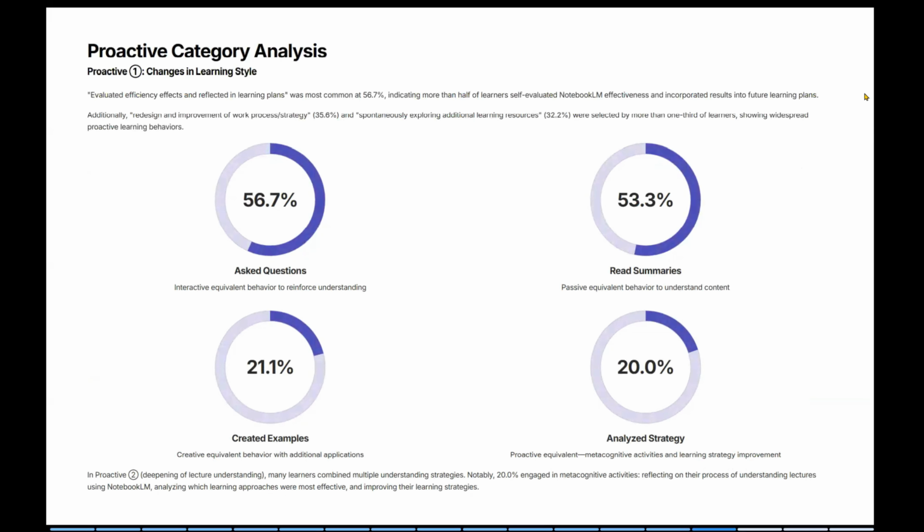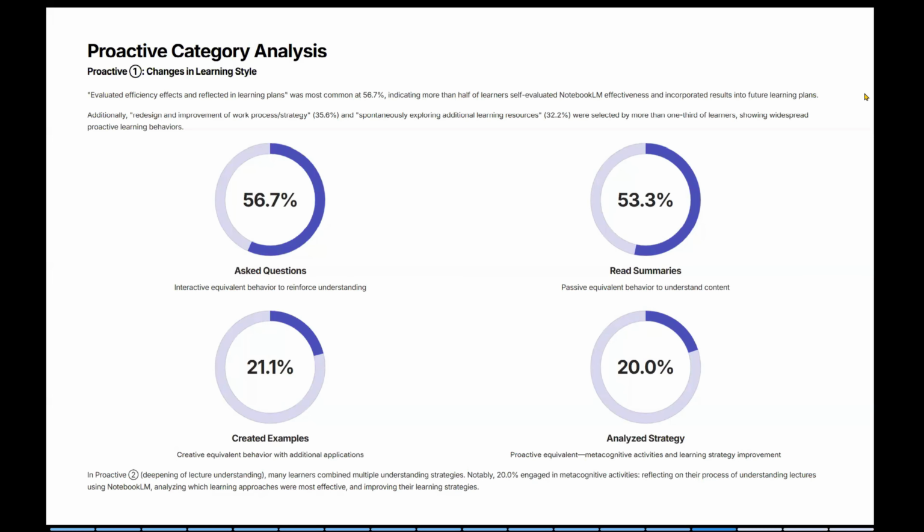Now let me explain the proactive results. 56.7% evaluated AI effectiveness and made learning plans. More than half of the students showed this proactive behavior. 35.6% redesigned their work process. 32.2% explored additional learning resources.